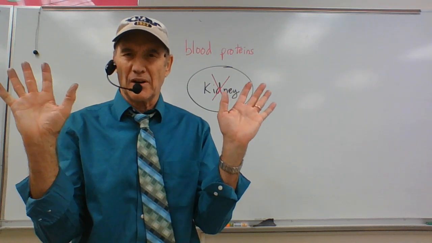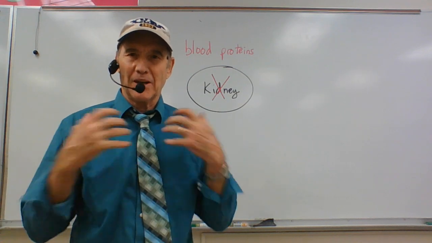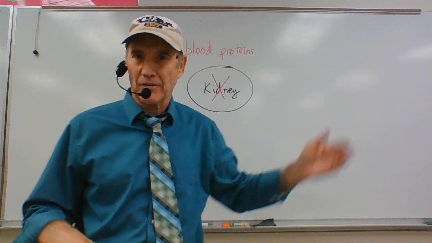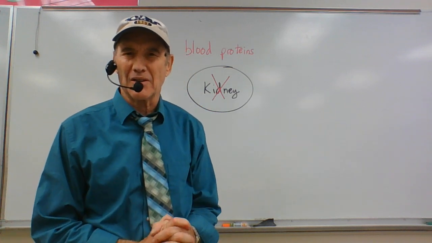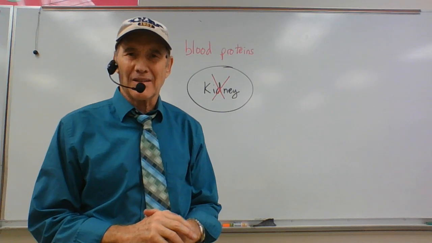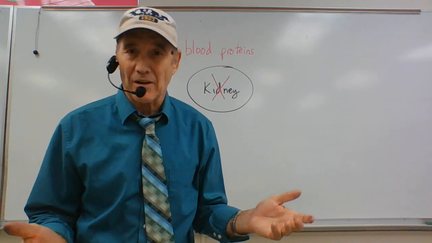They should be staying in the blood. The kidney should keep them in the blood, but it's not because it's damaged. It's got glomerulonephritis, or it's got kidney failure, or a bruised kidney, or cancer, or too much alcohol too.